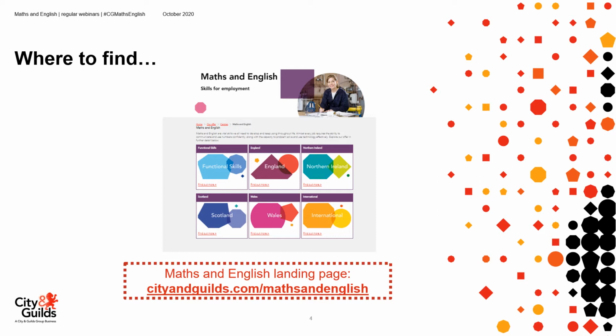You will see actually from both of those links there are links through to our Maths and English Resource Hub, where you can find various bits of information about the full range of our support resources, and also information about these webinars.